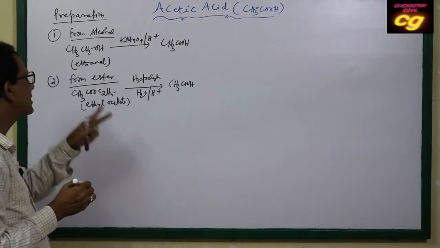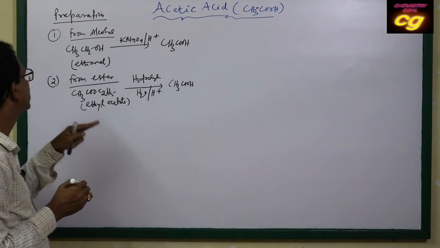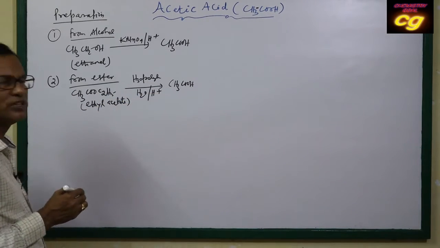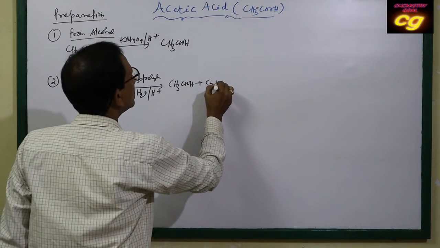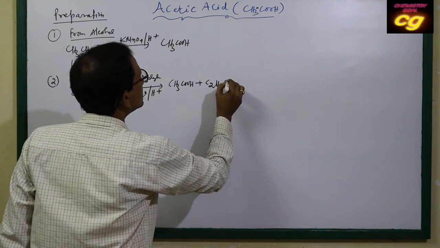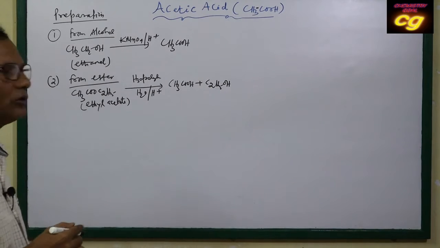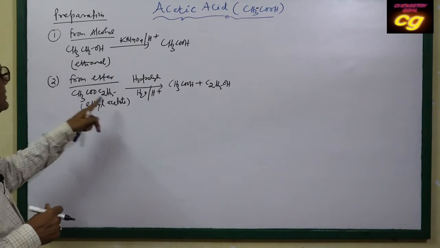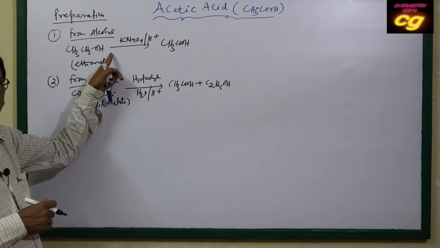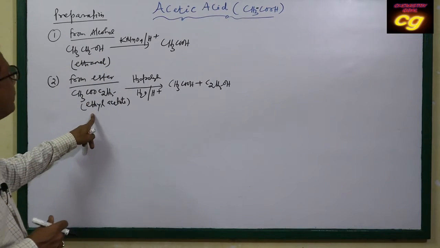Ester has two parts, the acid part and the alcohol part. So the first product is acetic acid and the second is ethanol. These are the two methods of preparation of acetic acid, from alcohol and from ester.